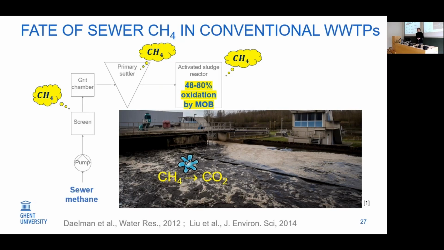The methane that comes from the sewer enters the wastewater treatment plant through the pre-treatment units, screen, grit chamber, primary settler maybe, and we found ourselves, as I already told you, that a lot of this methane can be converted in the biological reactor by methane oxidizing bacteria. Very nice. This was also confirmed not only by us, but also by other researchers.